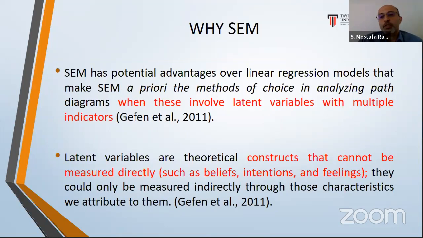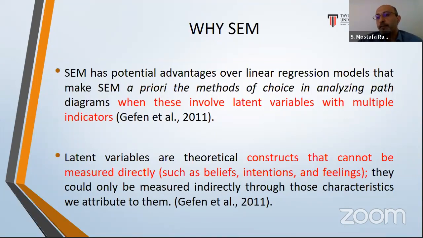But in the second generation, we can work with the latent variable, and we can assess the measurement model and the reliability and validity of the latent variable. So this is the first reason that we prefer, especially in social science disciplines, to work with SEM: its capability to work with latent variables.